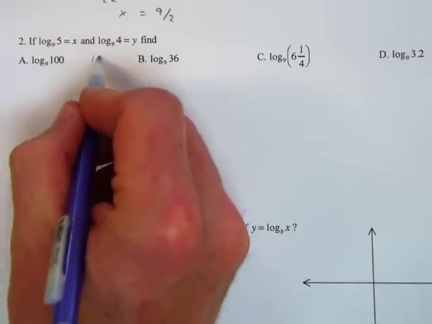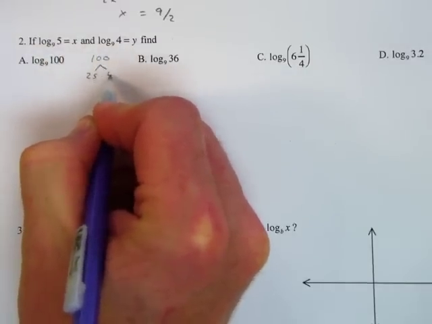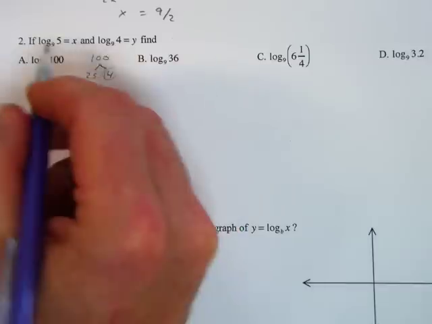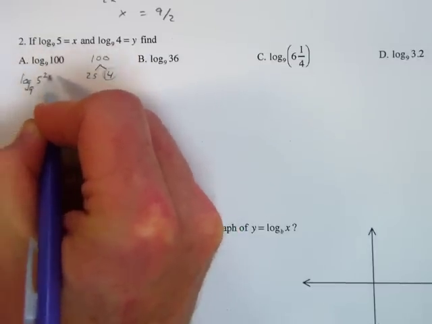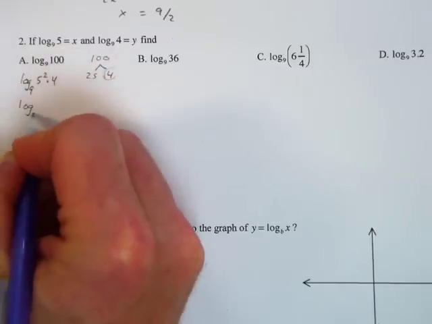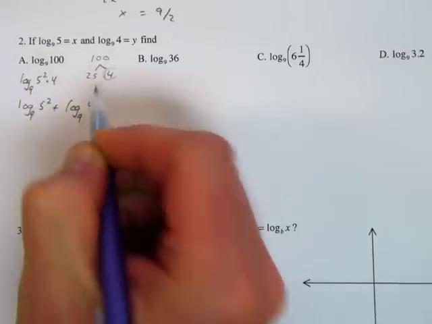When we have 100, we're going to factor this down. This is 25 times 4. 4 is what I want, and 25 is 5 squared. So we could write this as log base 9 of 5 squared times 4. Now we can say log base 9 of 5 squared plus log base 9 of 4.